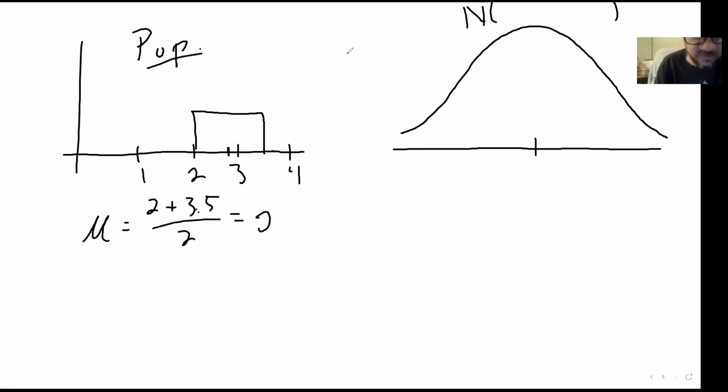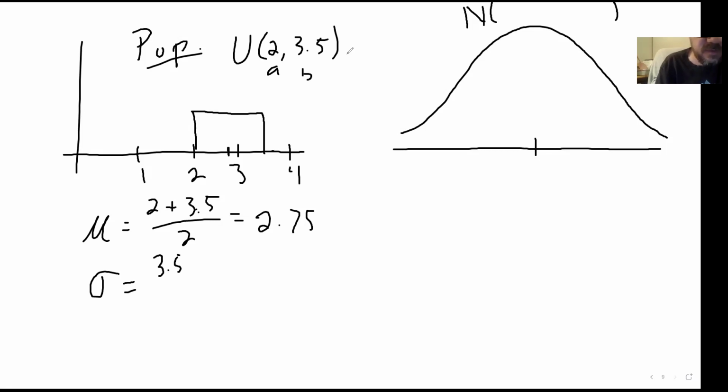Yeah, 2.75. And the standard deviation is (b minus a) over the square root of 12. Right, this guy is 2 to 3.5, where this is a and that's b. When I say a and b, that's what I'm referring to. So this is (3.5 minus 2) over the square root of 12.